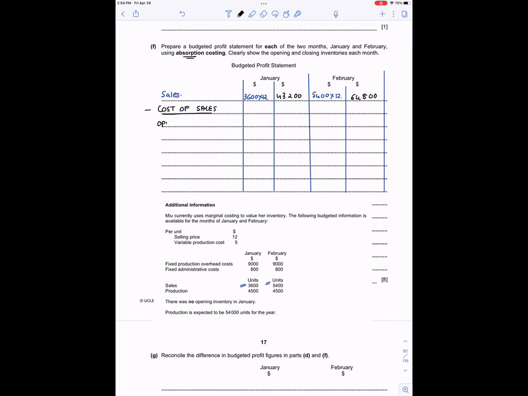So first we have opening inventory. Add purchases. Minus closing inventory. Now look over here very properly.